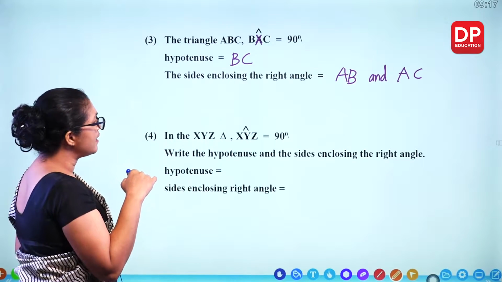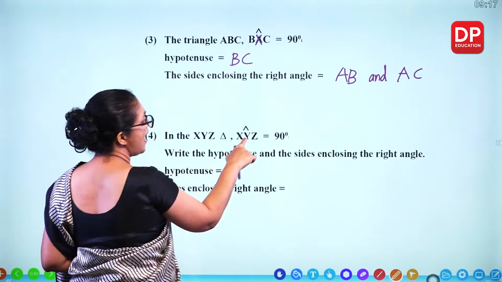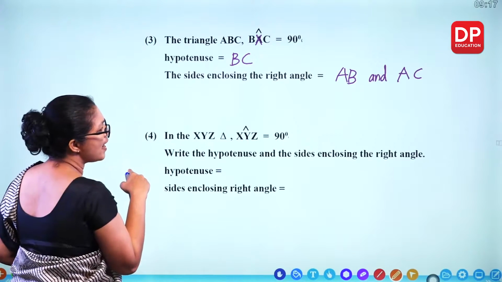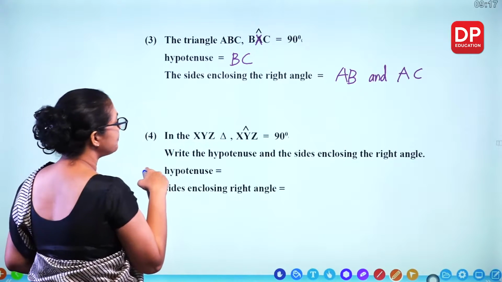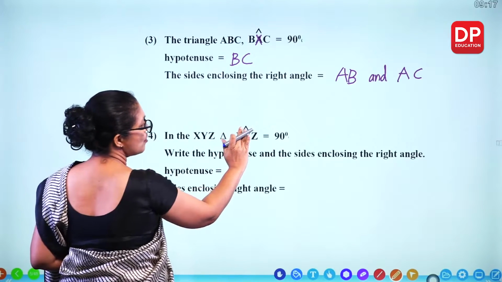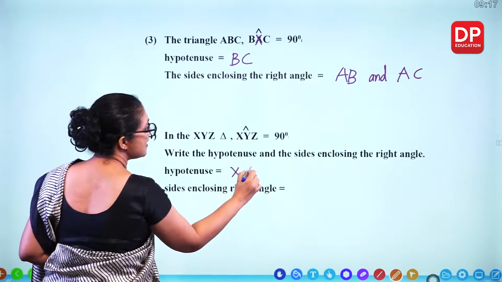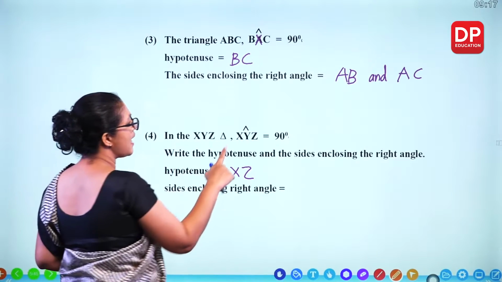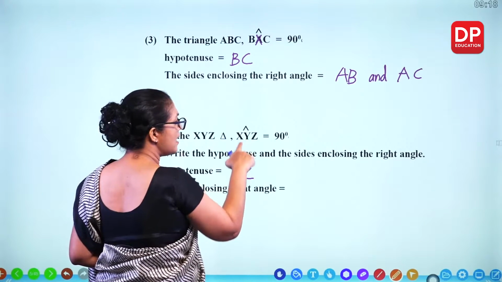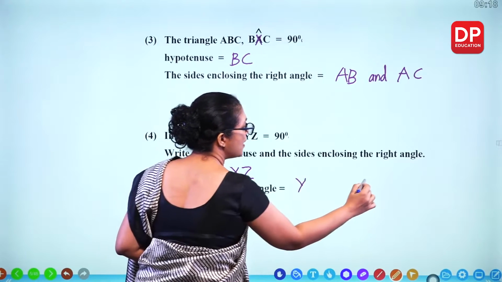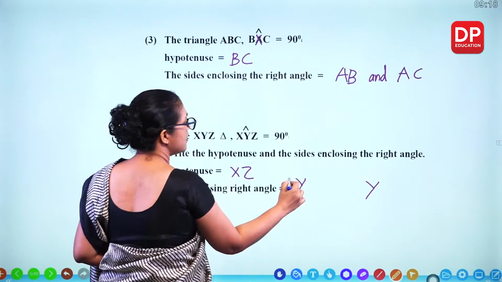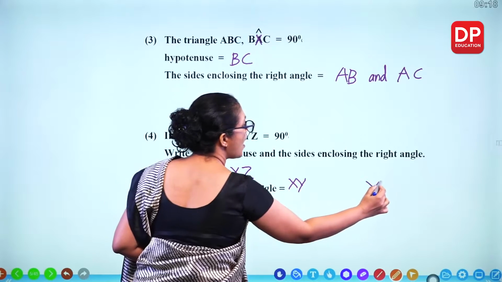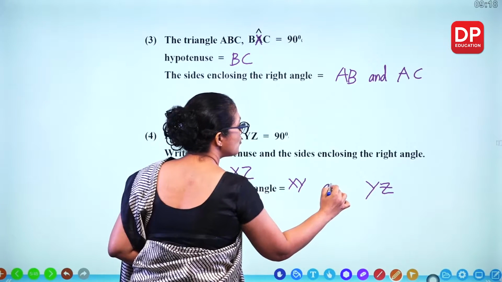XYZ triangle. Y angle is 90. So how do you write down the hypotenuse? When you close Y, XZ is the hypotenuse. Sides enclosing the right angle. So Y is the angle. So that's common. And XY and YZ are the two sides.